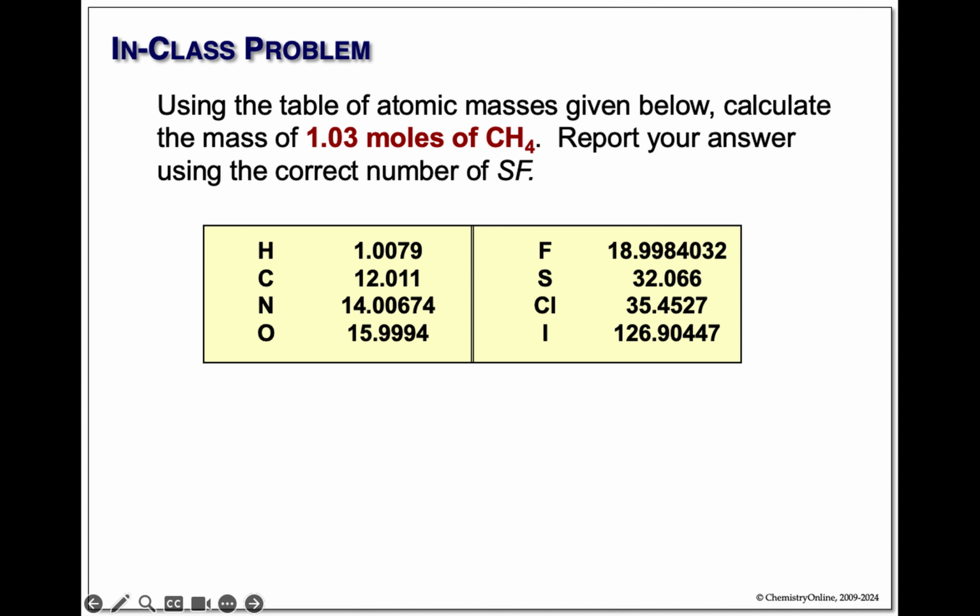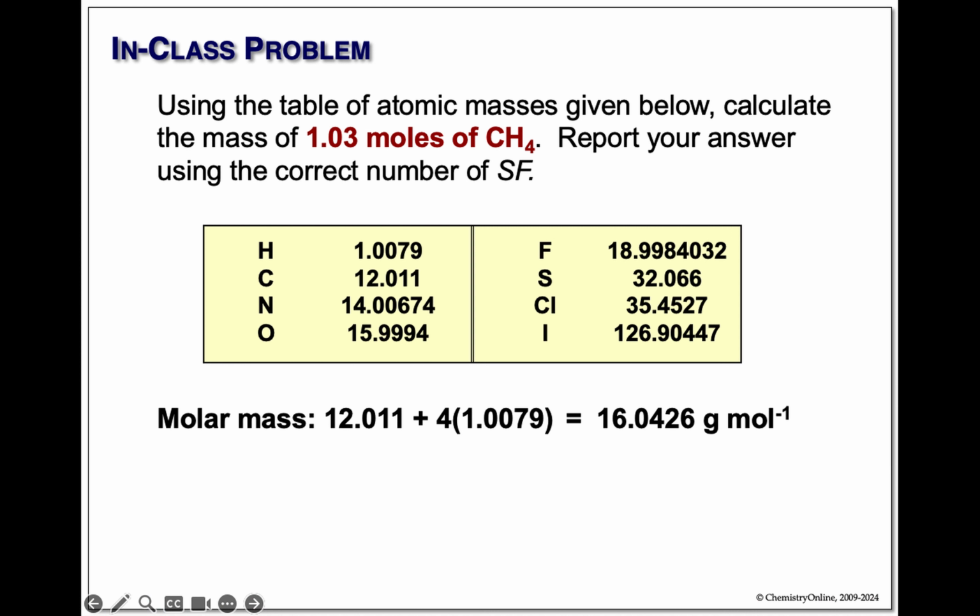So this question really had 2 parts. Do you remember how to calculate a molar mass? Carbon is 12.011. Every hydrogen is 1.0079. So we have 1 carbon, 4 hydrogens. This is the molar mass we're dealing with, 16.0426. Keep all the significant figures until you're done, and then chop them off.